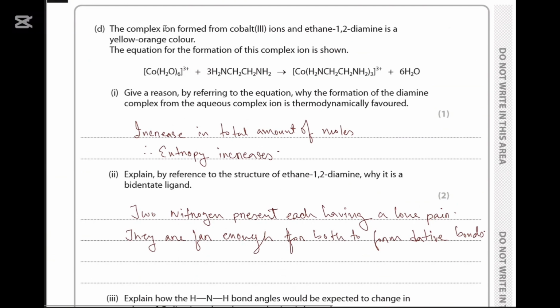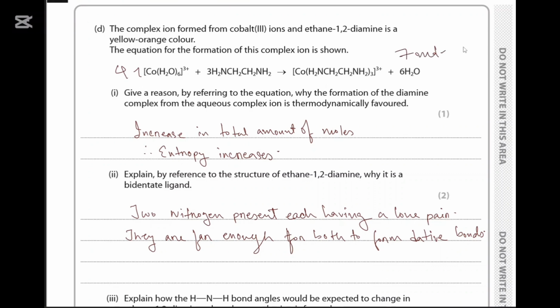Number D, the complex ion formed from cobalt and ethane-1,2-diamine is yellow and orange in color. Give a reason, by referring to the equation, why the formation of the diamine complex from the aqueous complex ion is thermodynamically favored. You can see that in the reactants, the total amount of moles was 4, 1, and 3, and for the product, the total amount of moles produced is 7.